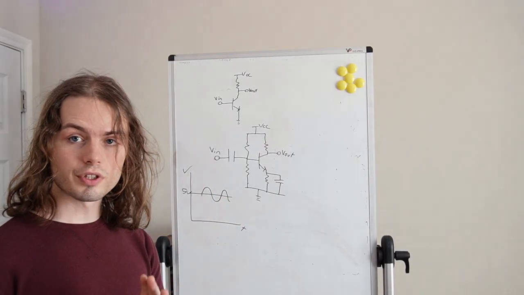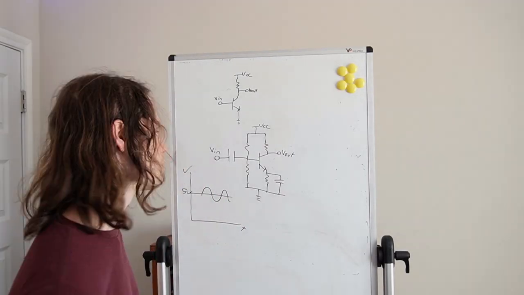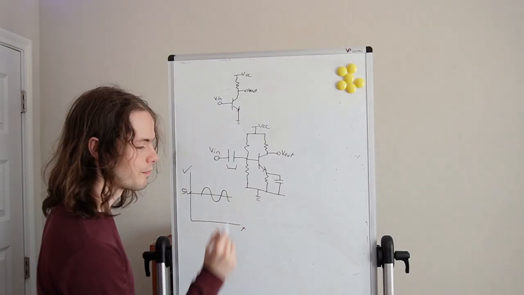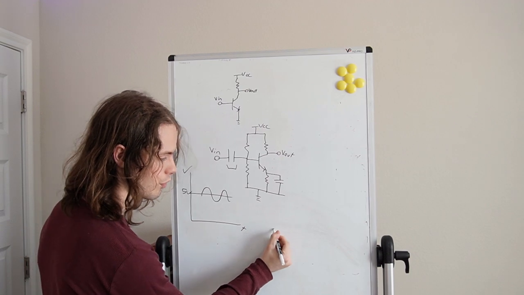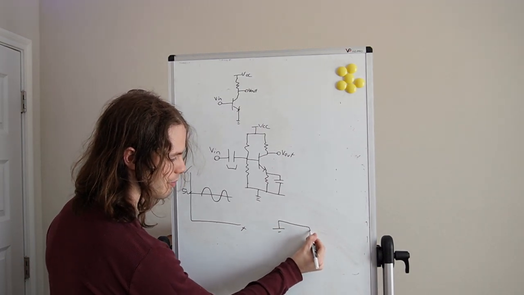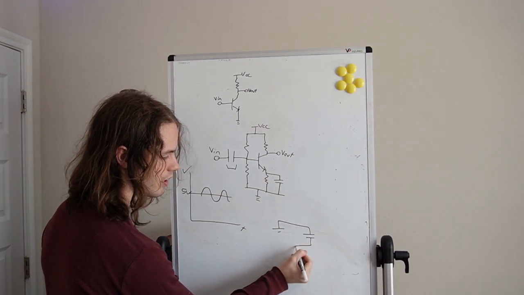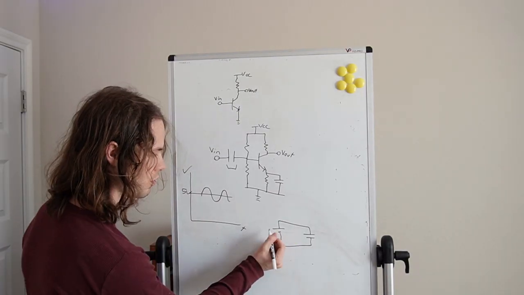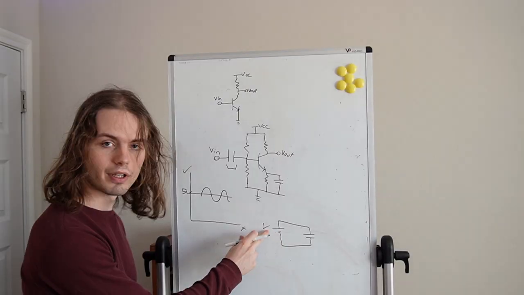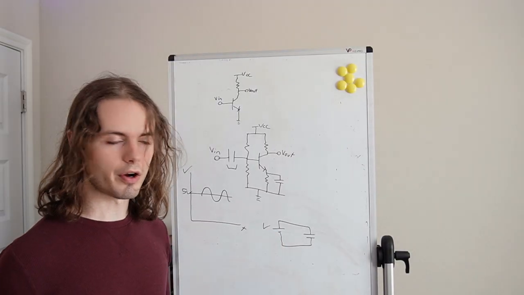So that brings us to the first important component, which is this capacitor here. So if we just did a simple circuit analysis of a voltage source and a capacitor, in practice what will happen is that this capacitor will charge up to equal whatever voltage is here, and then stop taking any current.